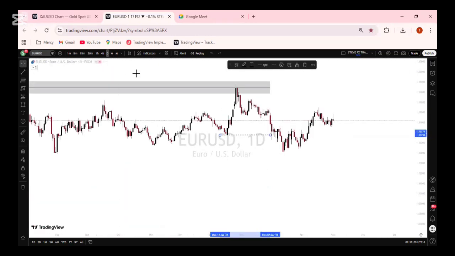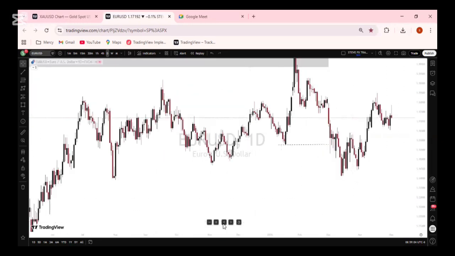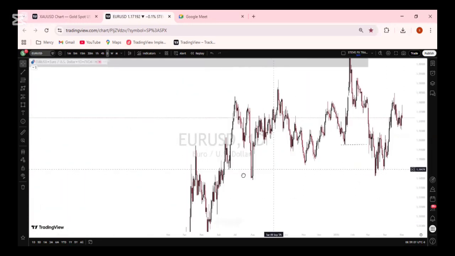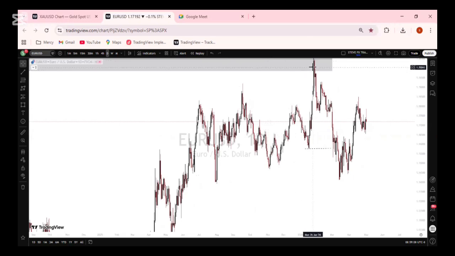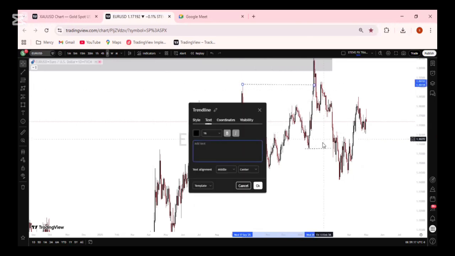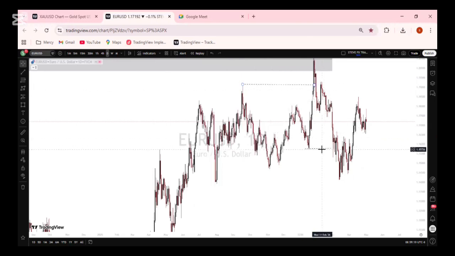If we switch down to our daily time frame, that will be clearer. We had the market reacting from our higher time frame point of interest from the weekly, we had a liquidity sweep around this area, and then we are having a change of character.